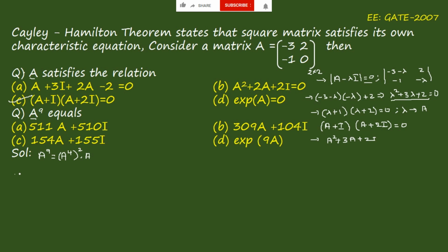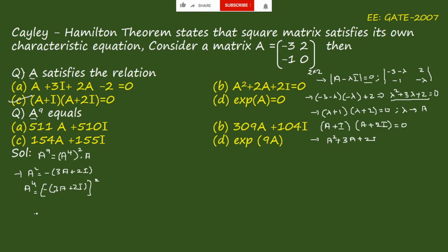So we got this equation, and we can write A square is equal to minus of 3A plus 2I, right? Now we have to find the value of A power 4. Then it becomes minus 3A plus 2I whole square of it, right?